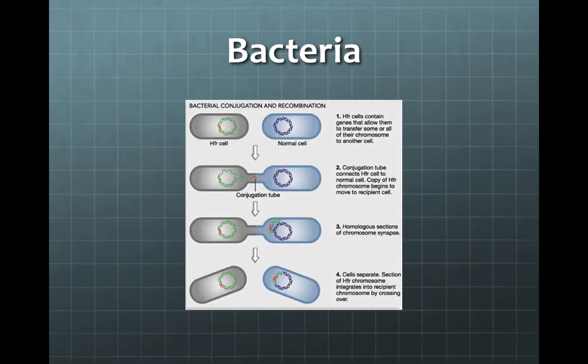So here's another picture of it. You've got a normal cell right here, and then you've got a cell right here that has something that the other cell doesn't. So you can see that some of this comes off and goes to the normal cell, and then it becomes part of the normal cell. So that can be how bacteria become resistant to an antibiotic.